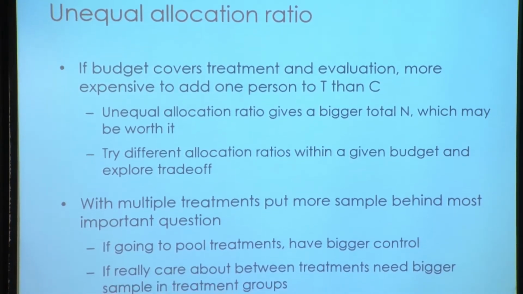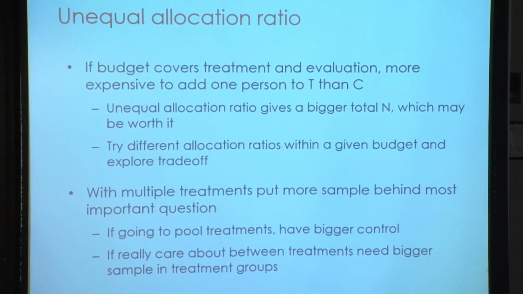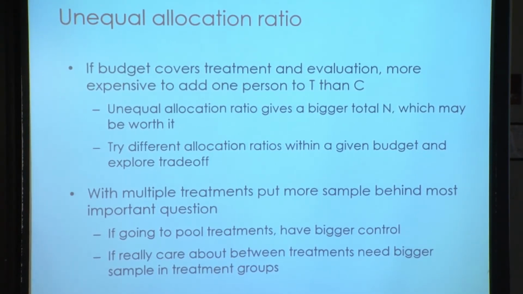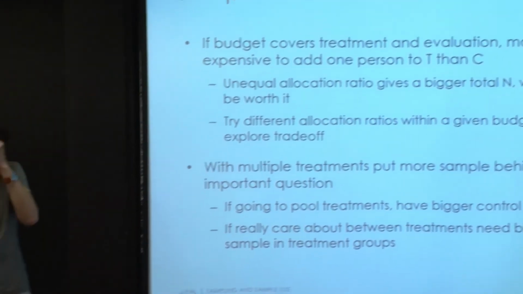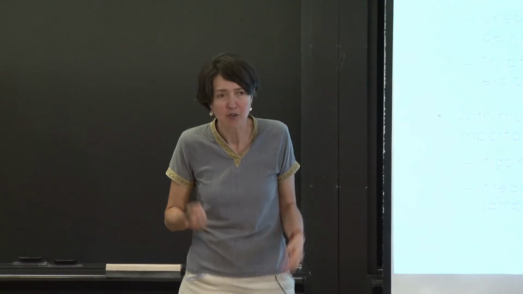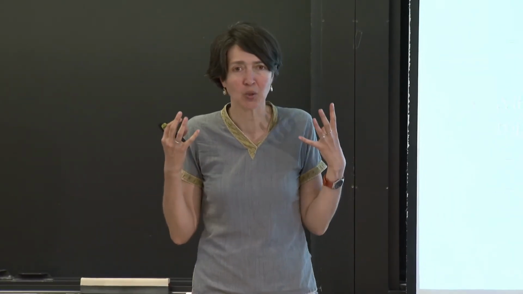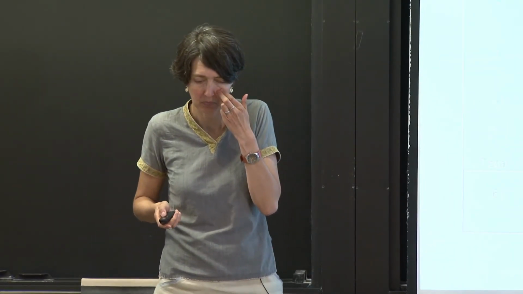And if the main point of your analysis is to compare the difference between treatment 1 and treatment 2, then you don't want it all in control. You want to put it in the treatment groups, because if the key issue is comparing treatment 1 and treatment 2, then you need those to be big, because control isn't coming into that trade-off. So it's all about what your most important question is.